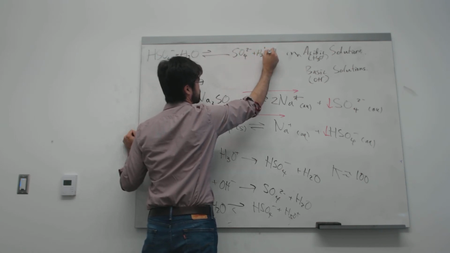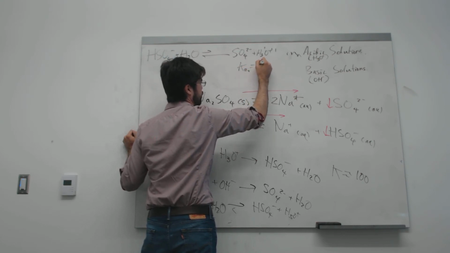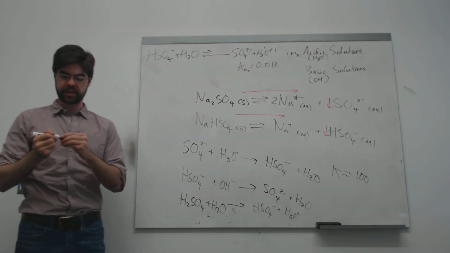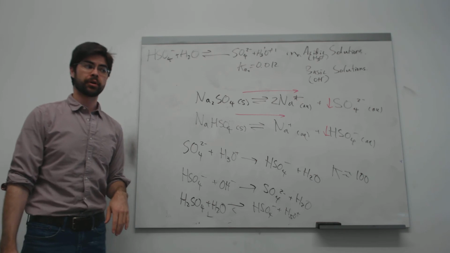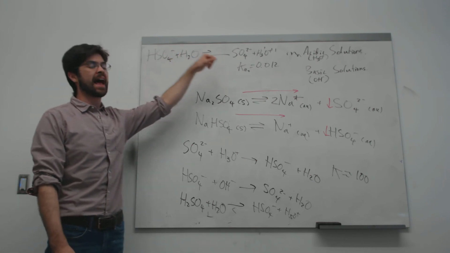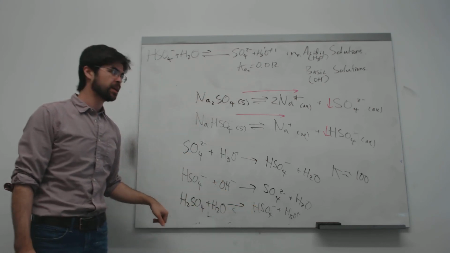I mean, it's pretty strong. I mean, the Ka for this is about 0.012, so it's not negligible. It is not very large. So the point being is that HSO4- is a better acid than it is a base.